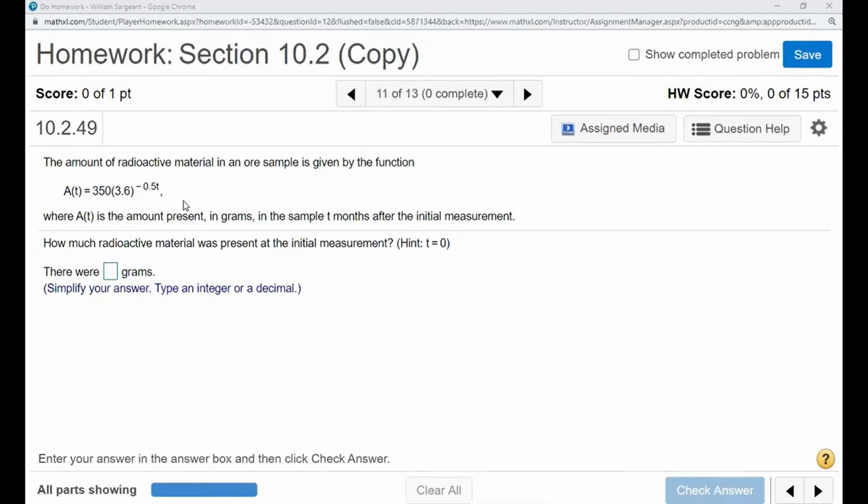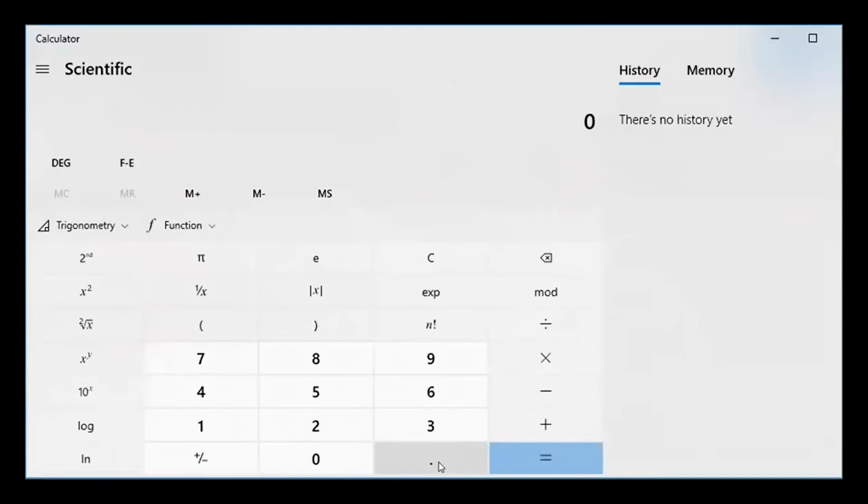T is time in months. So we're going to multiply negative 0.5 times 0, raise 3.6 to that power, and multiply by 350. Make that negative and multiply by 0.